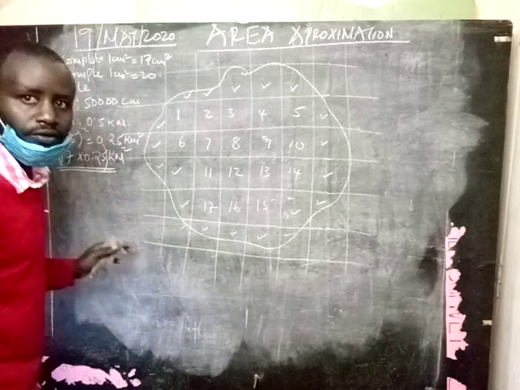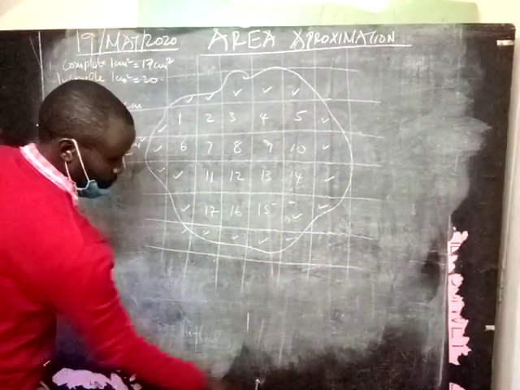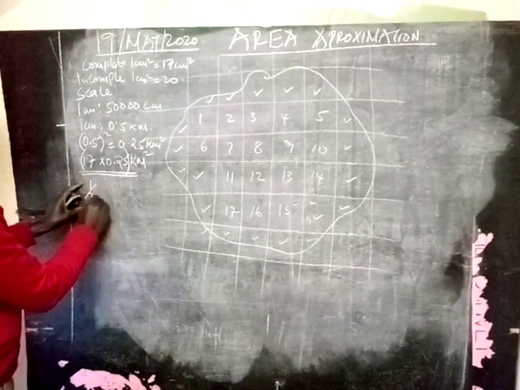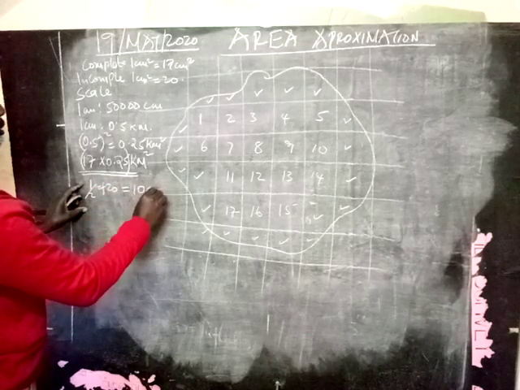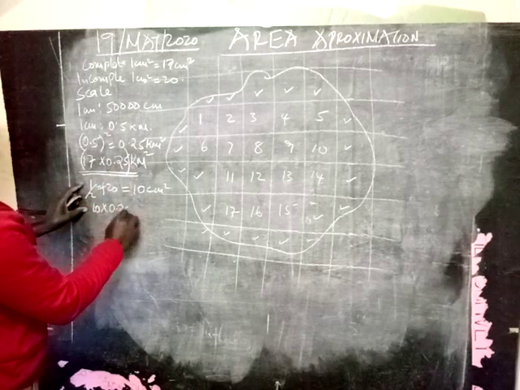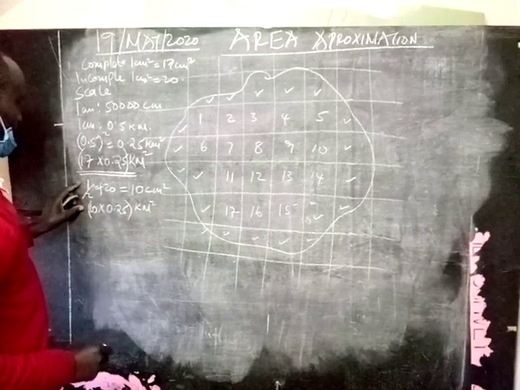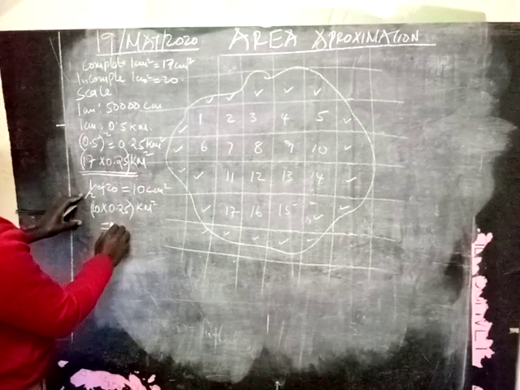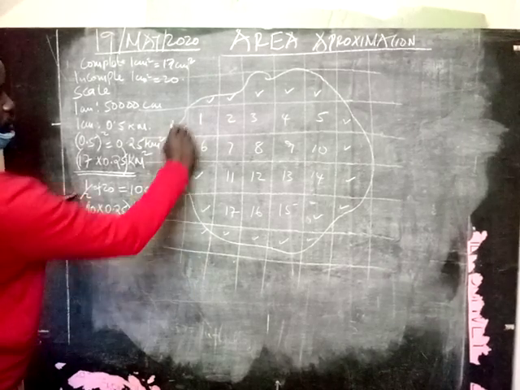Then we are going to take half of 20 to get 10 centimeters square. So we're going to say 10 times 0.25. This one we are also going to get in kilometer square, and for this we are going to get 2.5 kilometer square covered by the incomplete part.